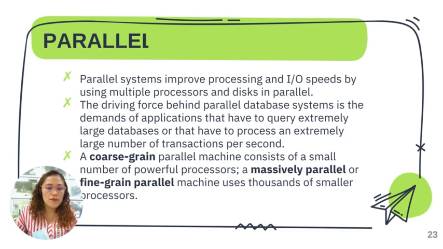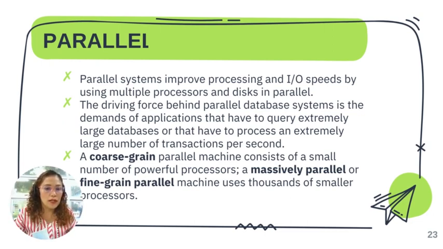Now let's go to parallel systems. When you say parallel systems, it improves processing and input output speeds by using multiple processors in parallel. Meaning instead of one processor queueing all the tasks, you have multiple processors and the tasks are distributed to different processors and can be executed simultaneously.